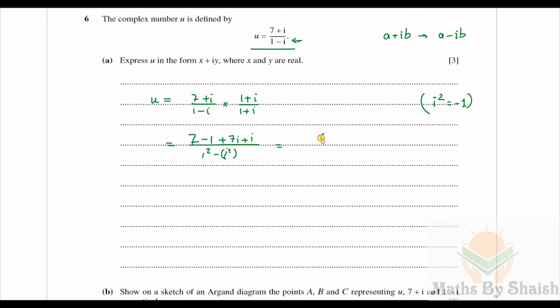Altogether we got 6 plus 8i over 1 minus, and i squared is minus 1, so it becomes plus 1. So u is (6 plus 8i) by 2, which means 3 plus 4i. It means x is 3 and y is 4.